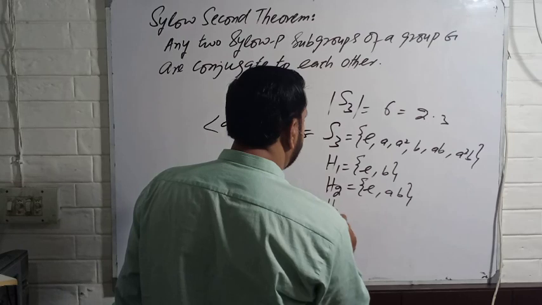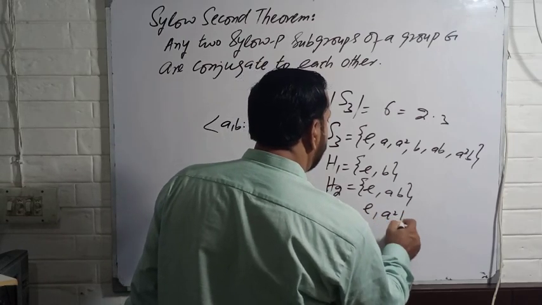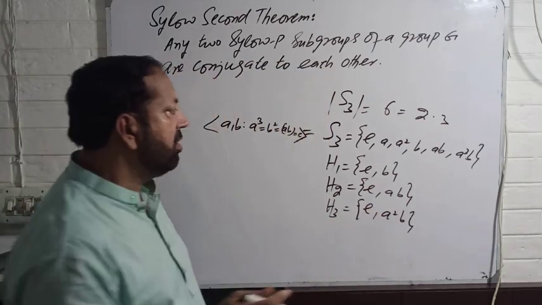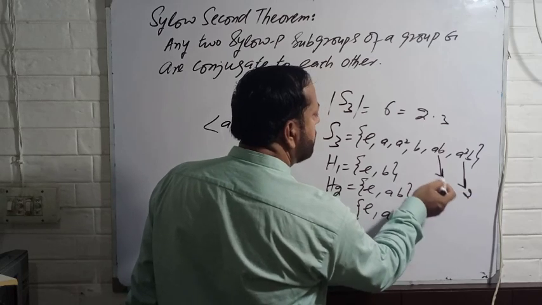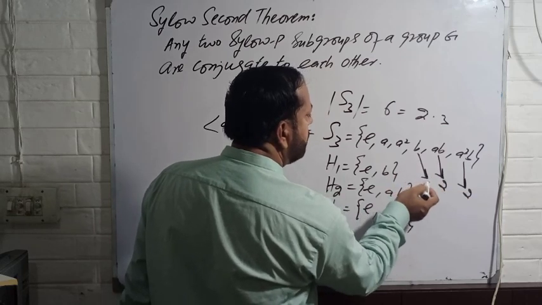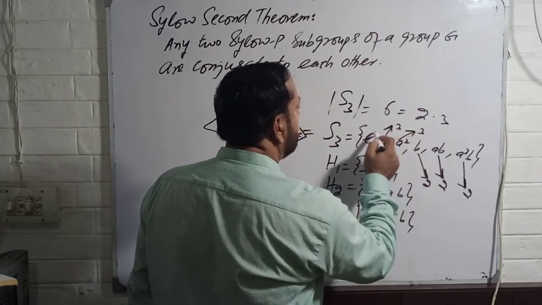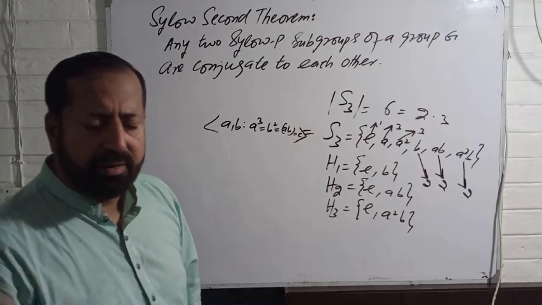Another subgroup H3, this is {E, A square B}. If you know the order structure, its order is 2, its order is 2, its order is 2, its order is 3, its order is 3, its order is 1. This is the order structure of S3.